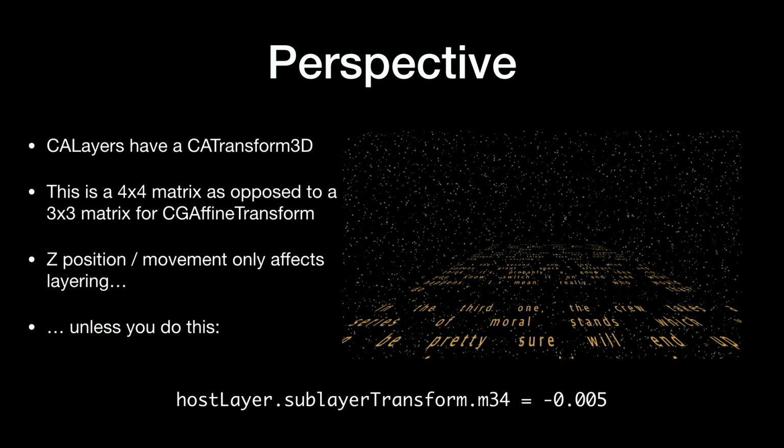It's essentially the distance of your virtual camera from the layers that you care about, but then -1 divided by that distance. It tends to be a small negative number, but the actual right value to give you the effect that you want is going to change depending on the transforms you're using, the sizes of your layers, and so on.